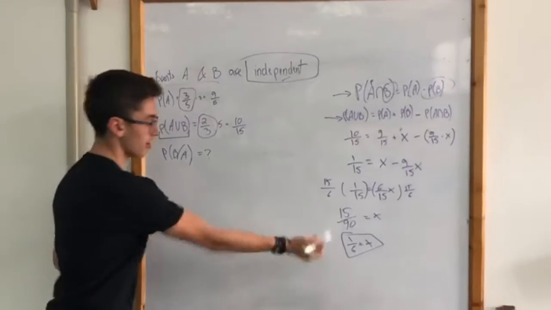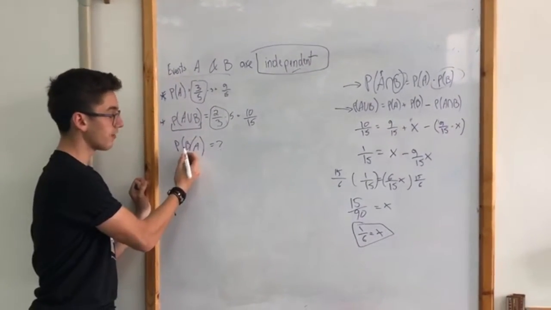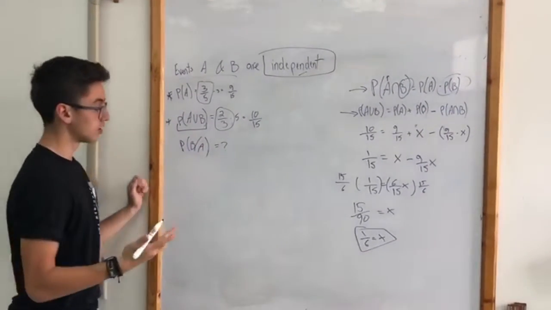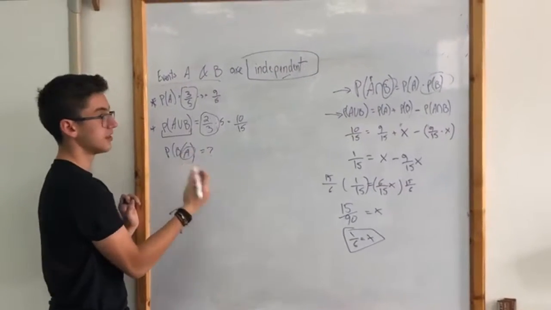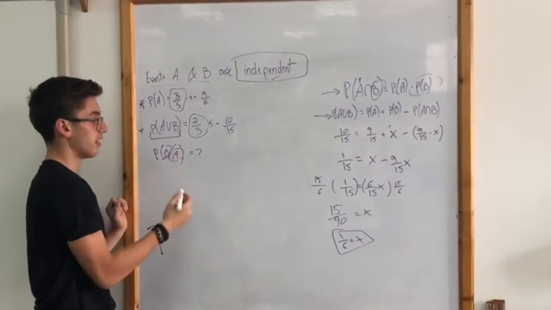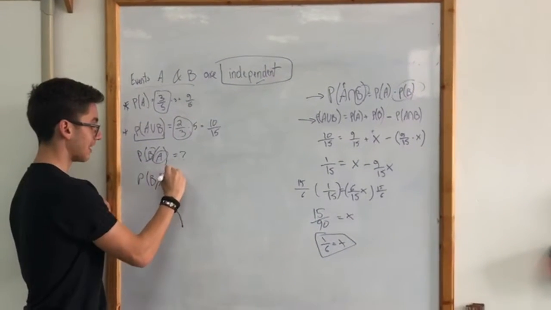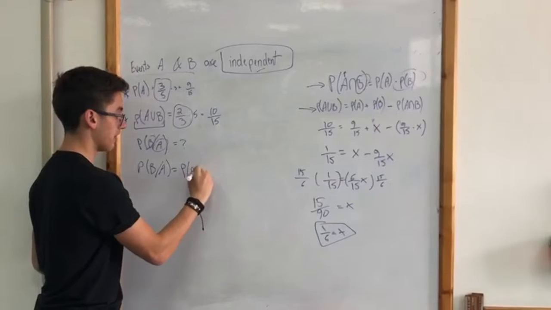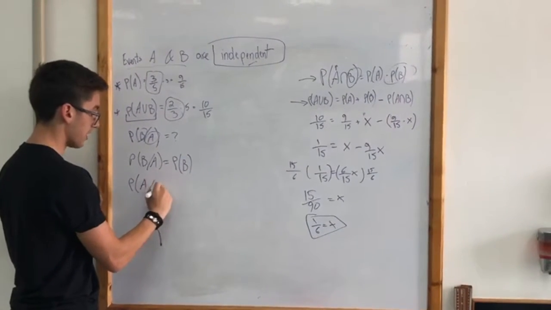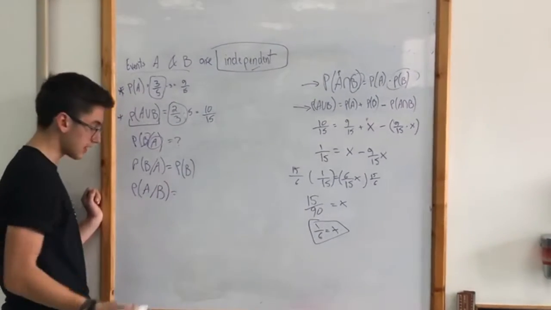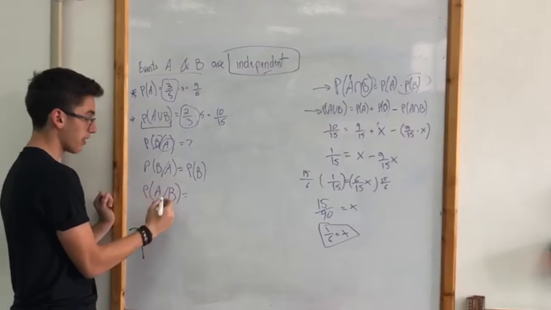Now that you have the probability of B, you look back at the question: find the probability of B given A happens. As I said, they're independent, so the probability of A happening doesn't affect the probability of B. So the probability of B given A is equal to the probability of B. Same thing if they asked you for the probability of A given B: the chances of event B happening are independent of the probability of A happening.